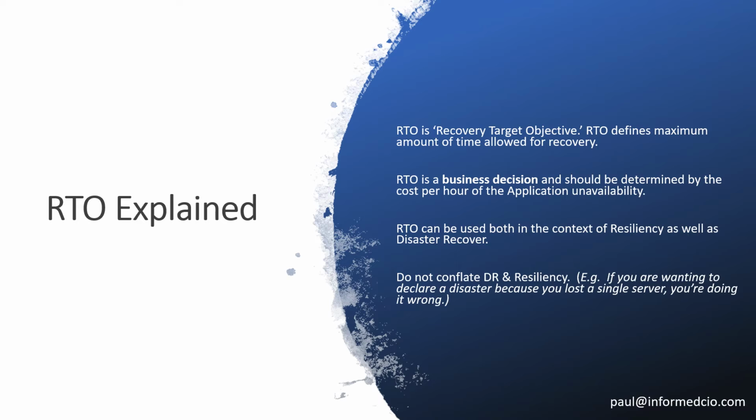So for instance, if you have a single server fail and that causes your application to go down and you want to declare a disaster because of that, you really don't understand the concept of disaster recovery. That's more of a resiliency scenario, and what is your plan to recover from that single outage of that server?